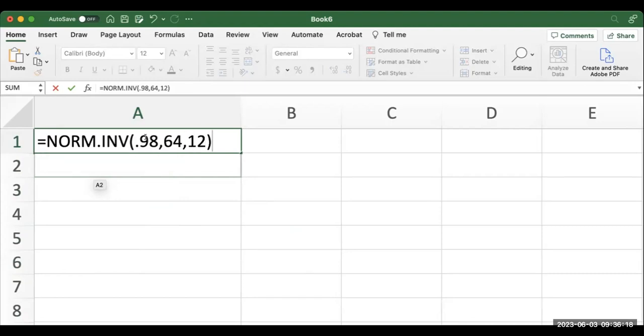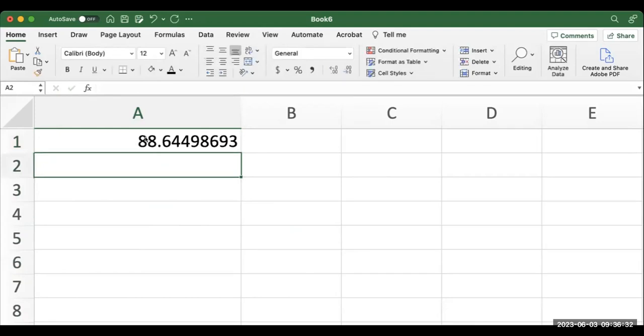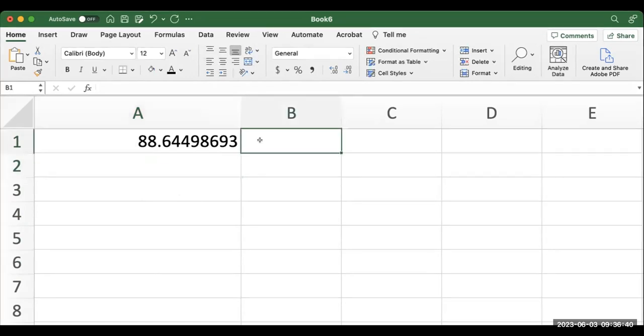Now, when I do this, if I go backwards, I put the probability as a percentile, then I get back the actual score on the test, adjusted with the mean and standard deviation. So the person had 89.